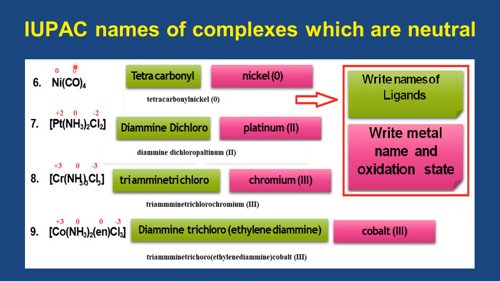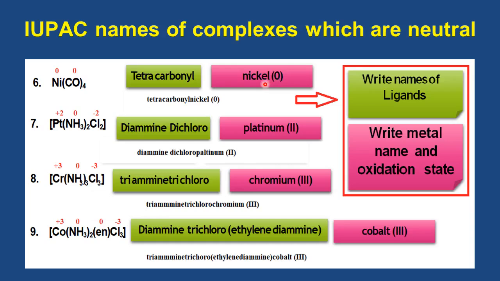It is only possible if nickel is also in zero oxidation state. So the name of this complex is going to be tetracarbonyl nickel, and the oxidation state is going to be written in parentheses. Notice, students, the name of the central metal atom is written as such. So the name is tetracarbonyl nickel 0.